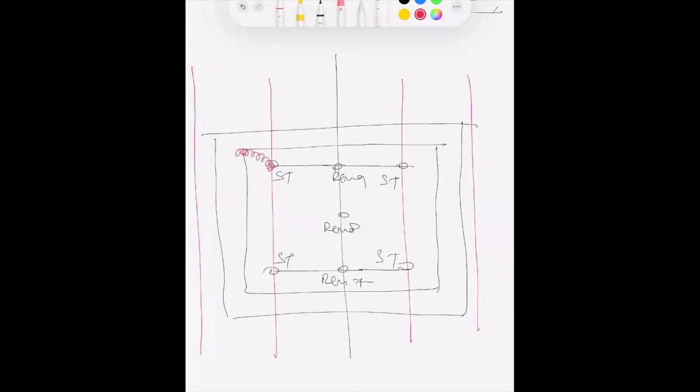This is the arm of the turtle, this is the legs of the turtle, this is the head of the turtle, and this is the neck, the thoracic spine.